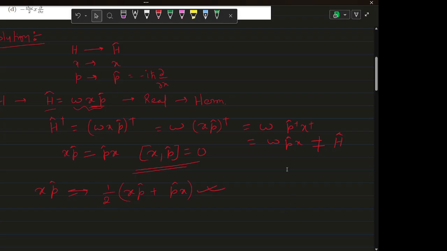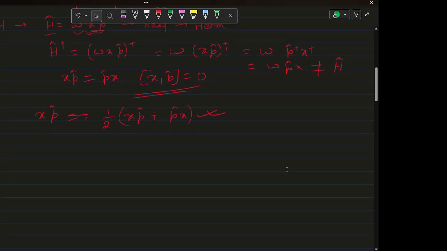Now let's write the Hamiltonian. So we put it in the classical Hamiltonian term: ω/2 (x p cap plus p cap x). Now let's check whether this is Hermitian or not.